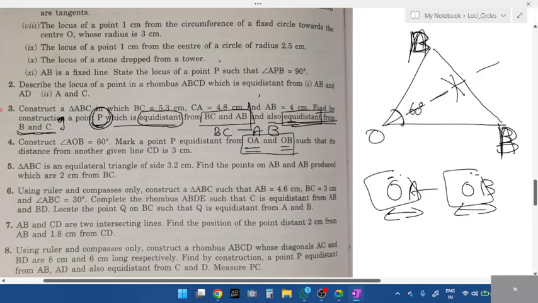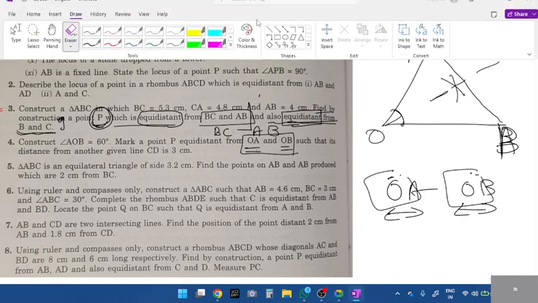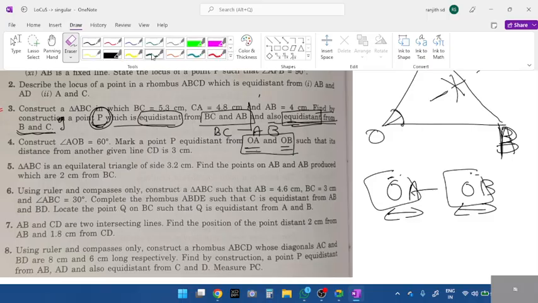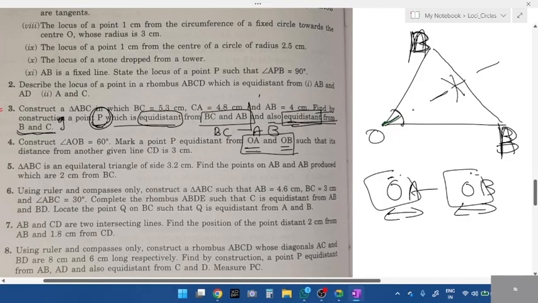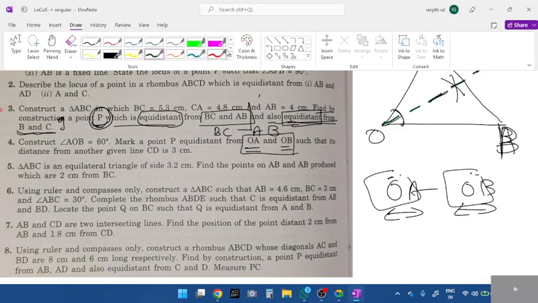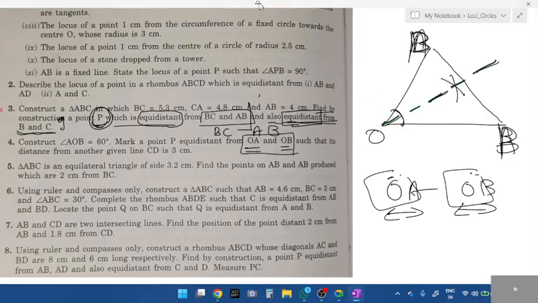Very quick. Completed. All of you have drawn. Respond. Did you draw this dotted line? Next, mark a point P equidistant. So P should lie on this line, students.